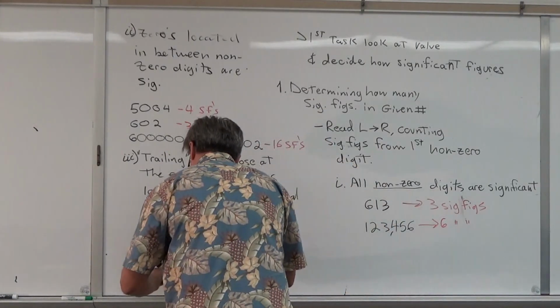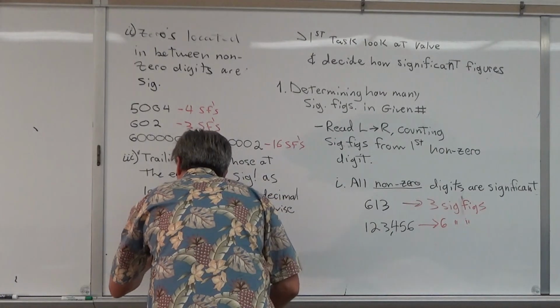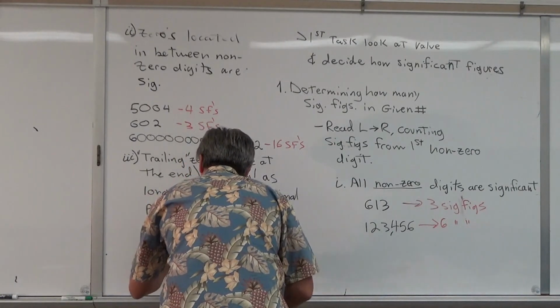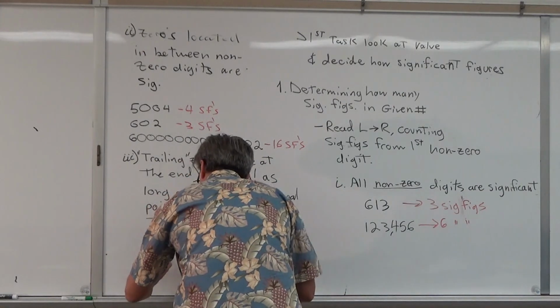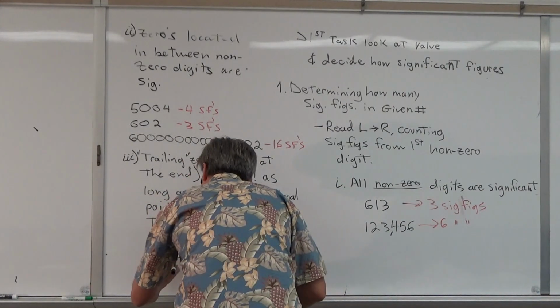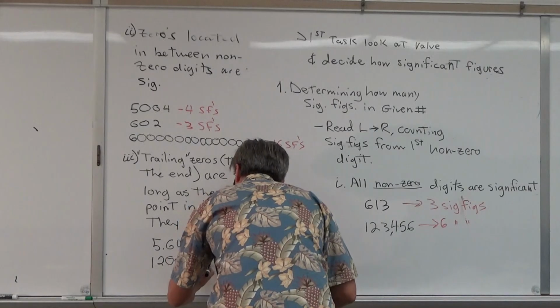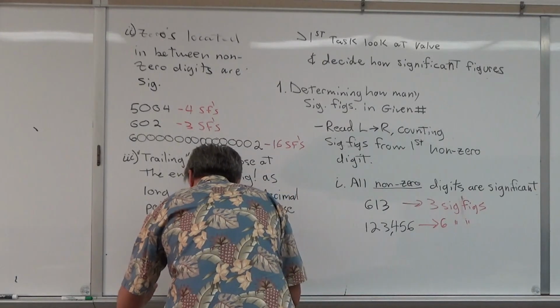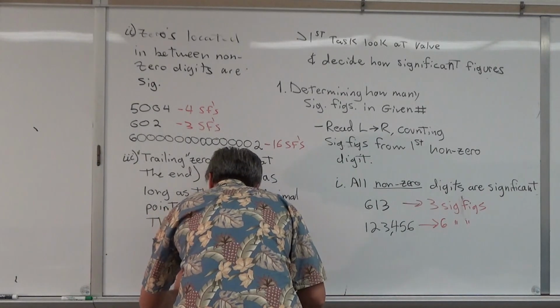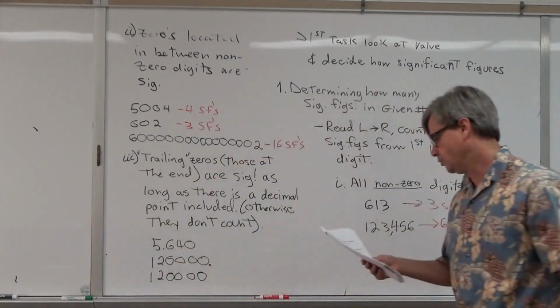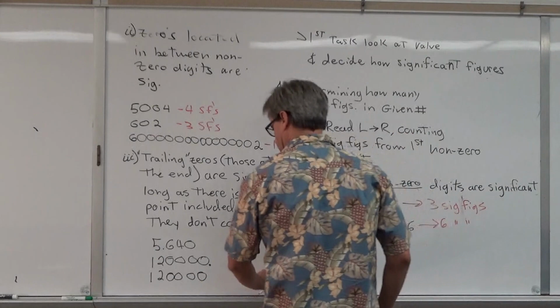So 5.640, 12.000, or 12000 with no point.